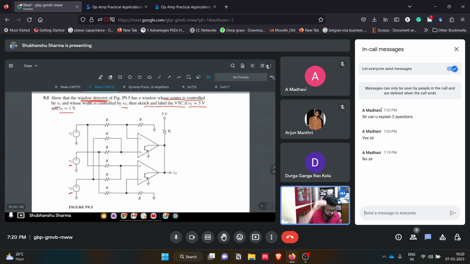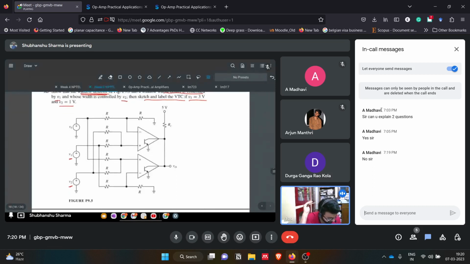So how will we solve this? First, analyze this circuit. Although it looks a little complicated, it is not. The Vi voltage we are giving here is also being fed to this op amp. Let's say this is op amp A1, this is op amp A2.